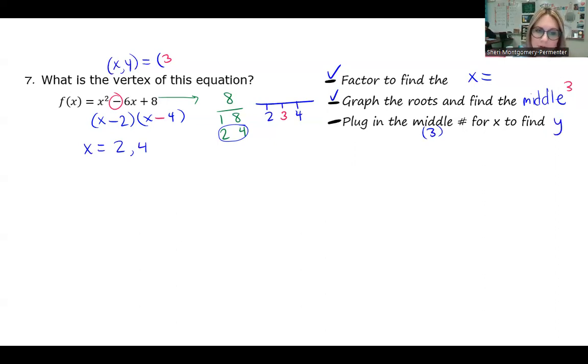So we have to plug it into our equation. I'm going to pull my equation down here so that I can plug it in. So I have x squared minus 6 times x plus 8. I'm taking that middle number, which is 3, and I'm plugging it in.